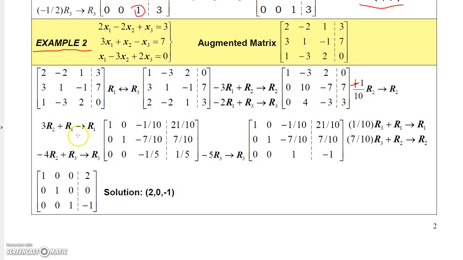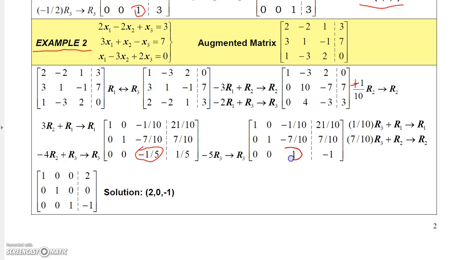Then, let's see, looks like I left a step out, but after I multiplied that by 1/10, I did 3 times row 2 plus row 1, and then I did minus 4 times row 2 plus row 3 to get rid of the 4. And then I had to multiply this row by -5 to change that to a 1.